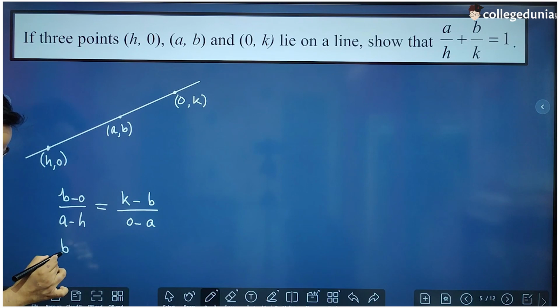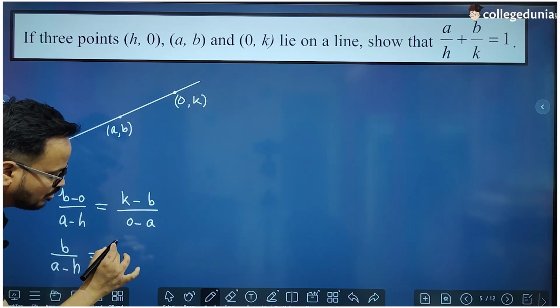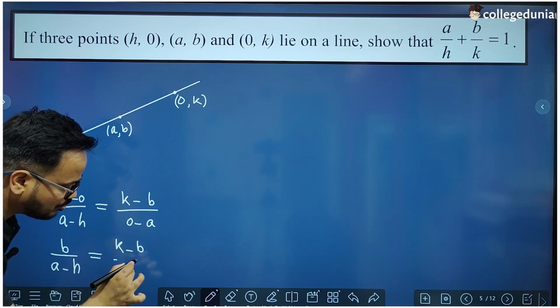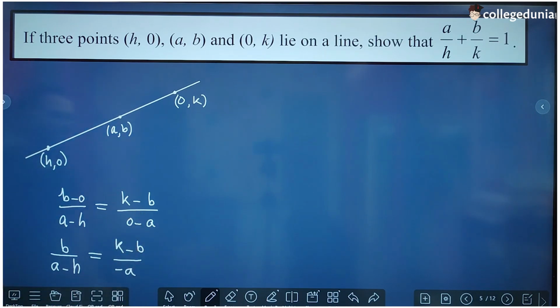So this is b divided by a minus h equal to k minus b divided by minus a.